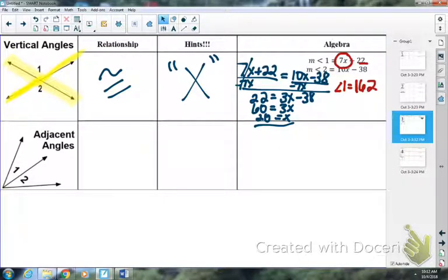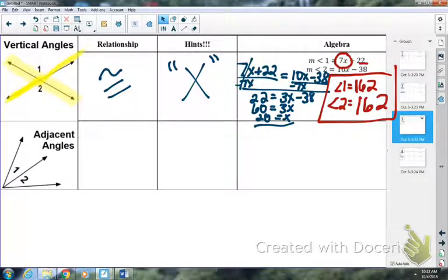If I'm doing this correctly, what should angle 2 be? 162. If we test it, what's 10 times 20? And what's 200 minus 38? 162. So I did it correctly. They're both 162. We feel like we're getting better with algebra here. Hopefully. Some of you are like, I don't know.